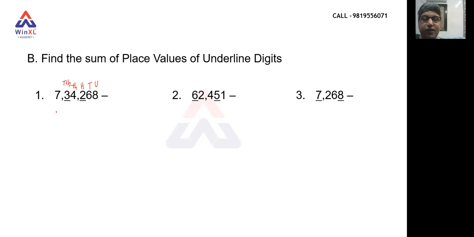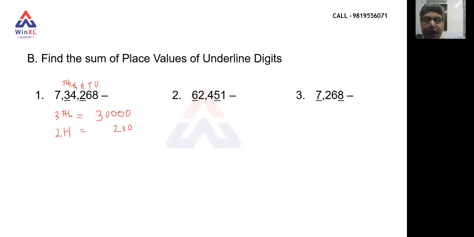So here we write 3 ten thousand is equal to 30,000. We put 4 zeros here. And 200.